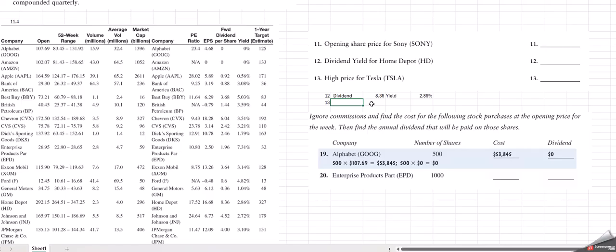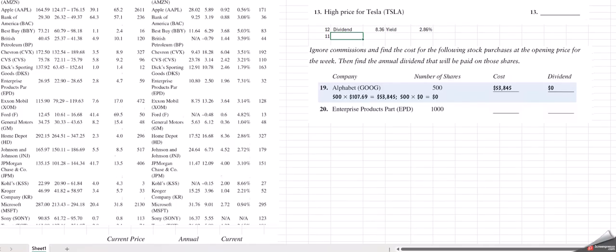Okay, then 13 says, what is the high price for Tesla? And again, I might have cut Tesla off. So if I did, let's do number 11. I hope I didn't cut Sony off. Oh, look, I have more. Sorry, yeah.